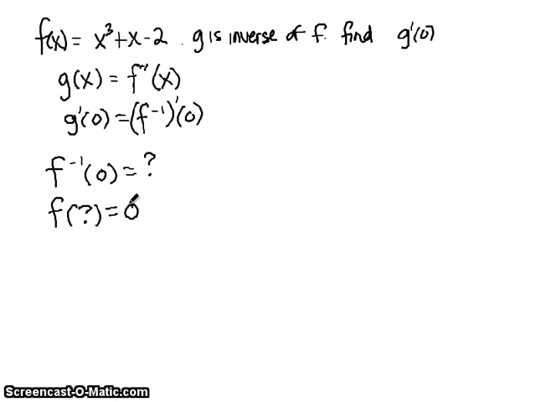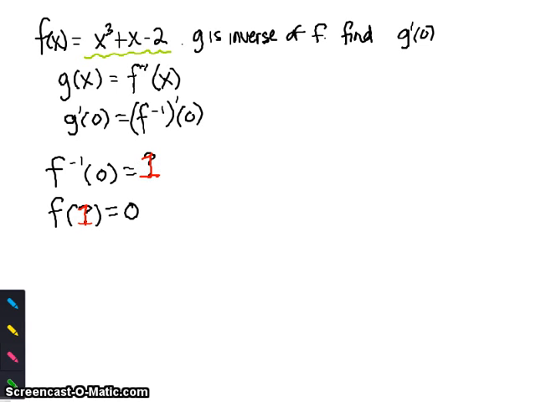So if we look at our function up top, we can come up with by inspection that if we plug 1 in, 1 cubed is 1 plus 1 is 2 minus 2 is 0. So we know that f of 1 is equal to 0. So f inverse of 0 is equal to 1.